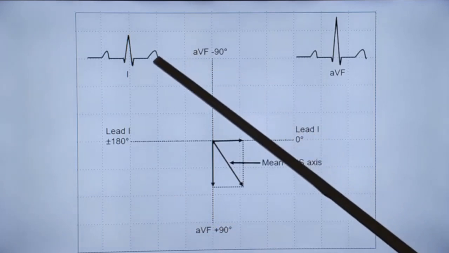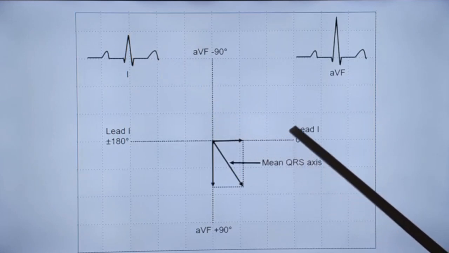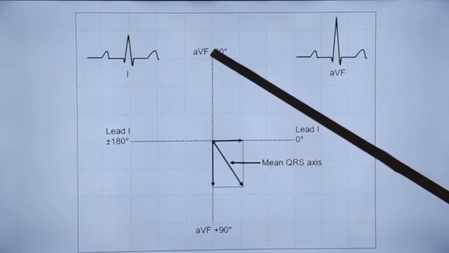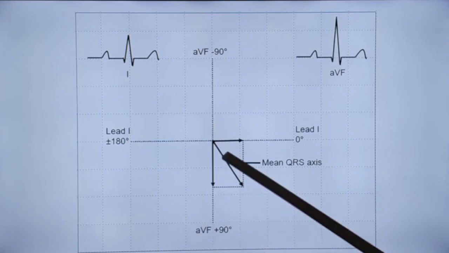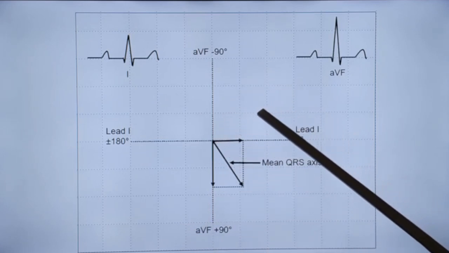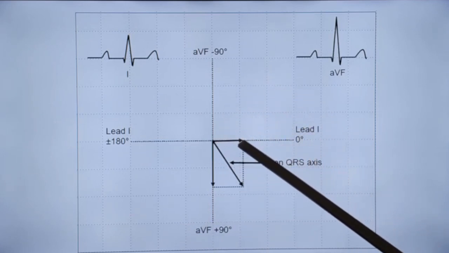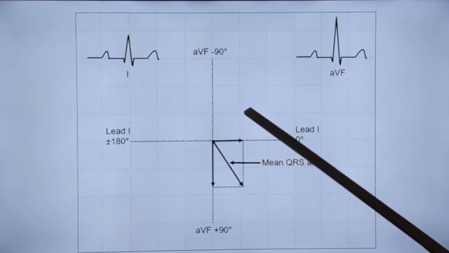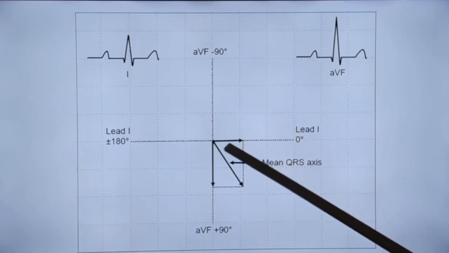If lead 1 is positive and AVF is negative, then the axis will be in this quadrant, and it is taken simply as left axis deviation. In that there is a division.